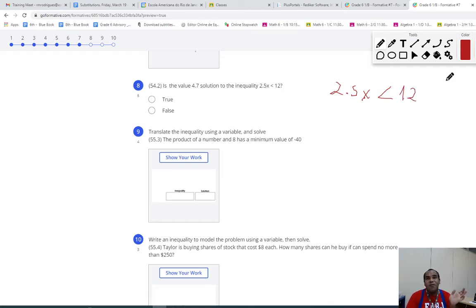First thing, where's the variable? Left. What math operation is tied to the variable? It is multiplying by 2.5. What is the opposite of multiplying by 2.5? Divide by 2.5. Okay, mister, it's dividing decimals. I taught you, remember? Let's divide then. I have here 2.5 and 12.